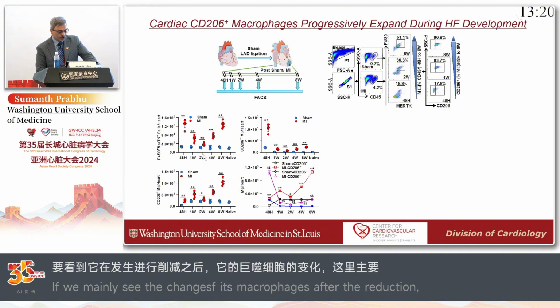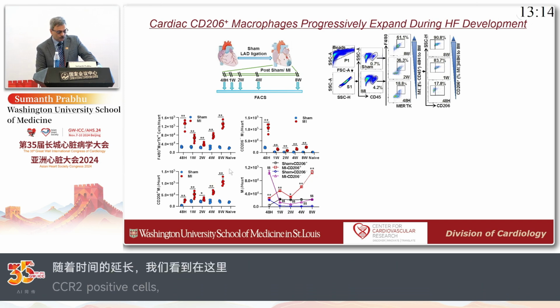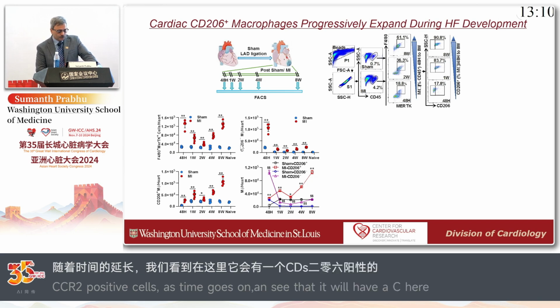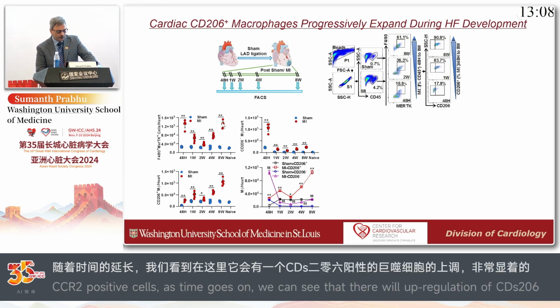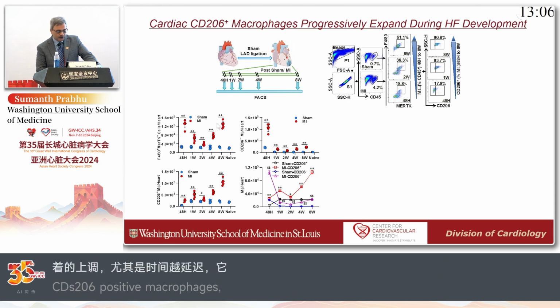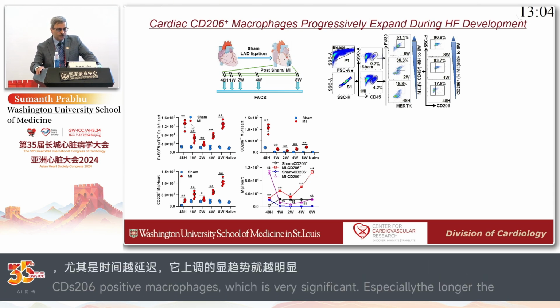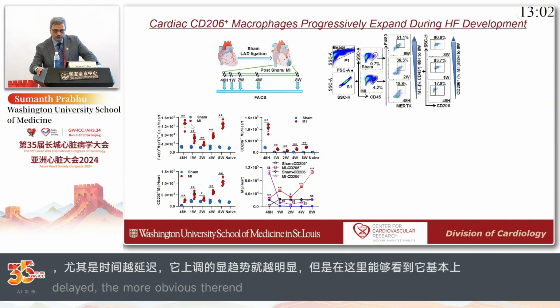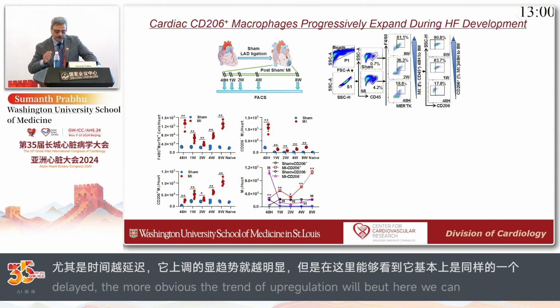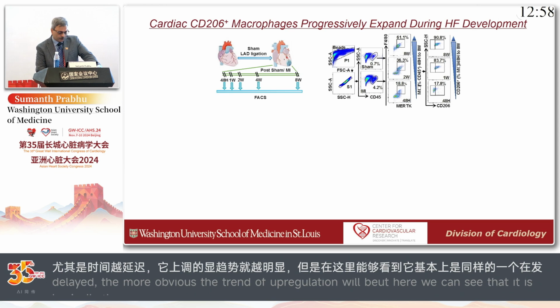But over time, the CD206 negative population drops off, and in turn, there's an upsurge of CD206 positive macrophages. If you look at 8 weeks post-MI, the level of macrophage infiltration, incredibly, is almost the same as acutely after myocardial infarction. So this is a very inflamed heart and is chronically failing.